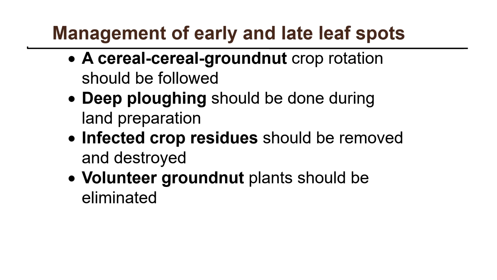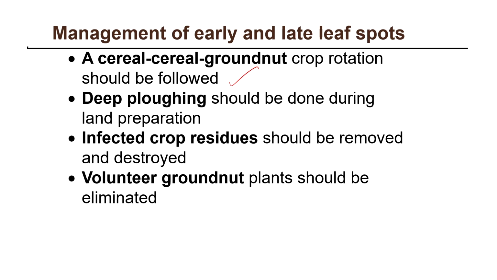Now, management of both early and late leaf spot together. What can be done here? A serial groundnut crop rotation should be followed, means there should not be legume rotation.